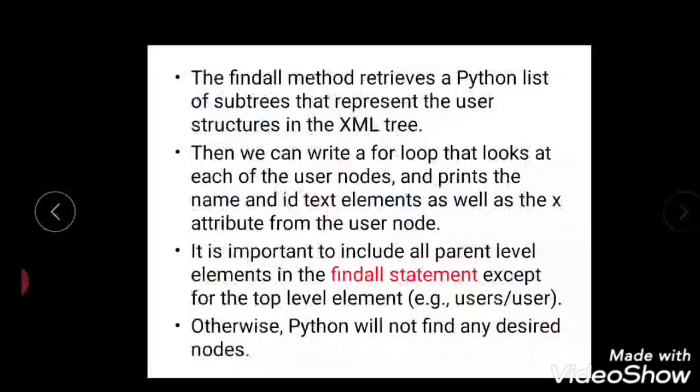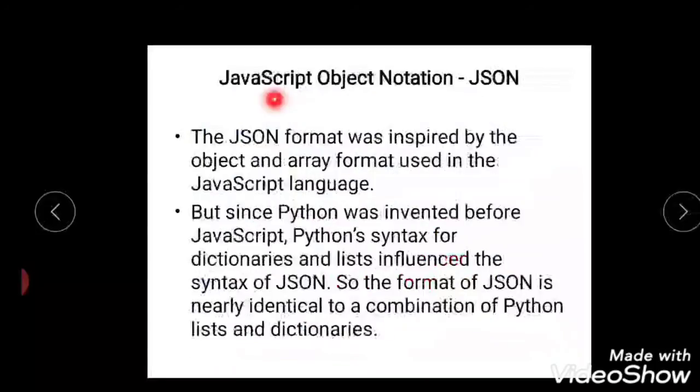So display first user and then display second user. The second one is JavaScript Object Notation, which is called JSON. JSON was inspired by the object and array format used in the JavaScript language. But since Python was invented before JavaScript, Python syntax for dictionaries, which we call key value pairs, right?